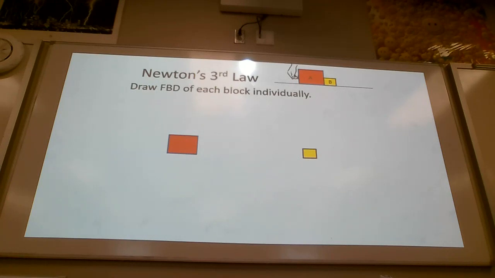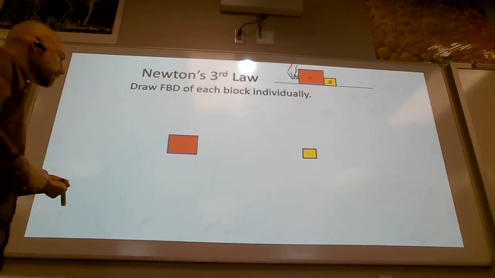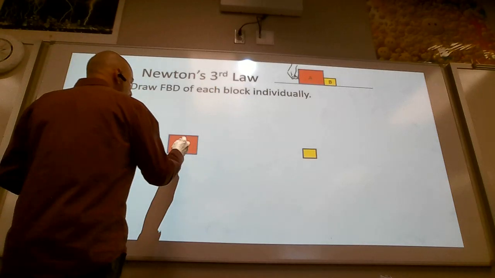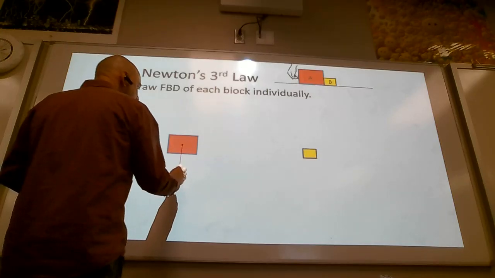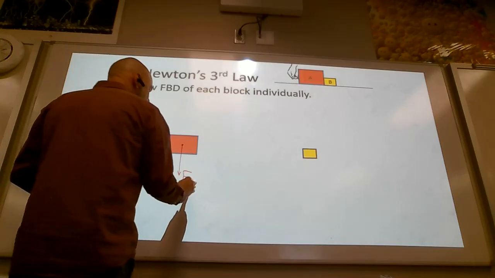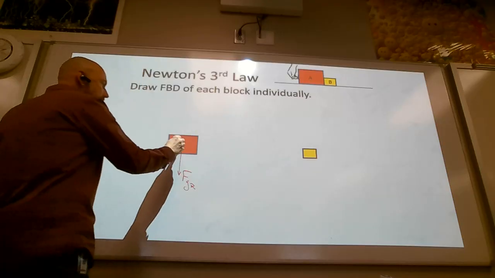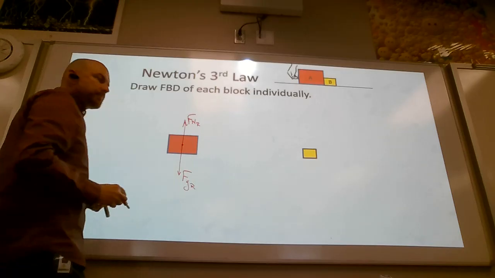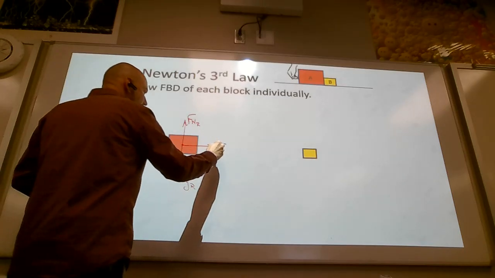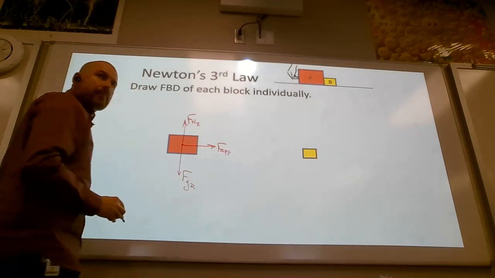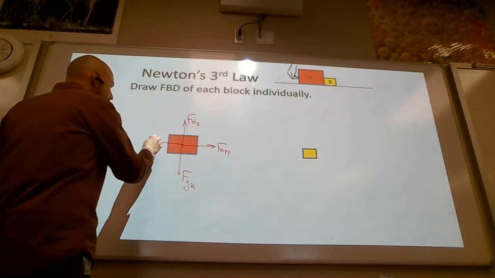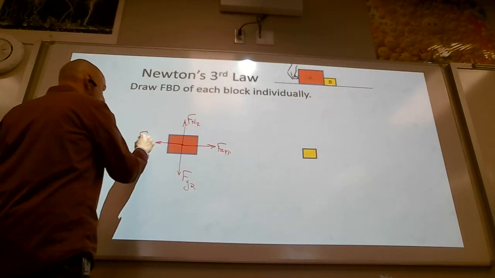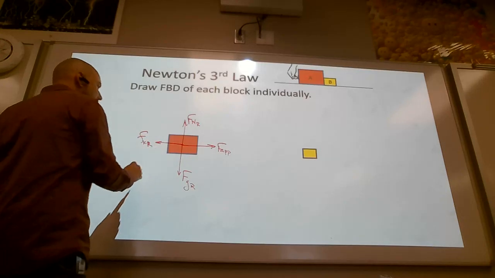All right, here's a more in-depth explanation than just saying Newton's third law. So the free body diagram of the red block: you have a force of gravity on the red, a normal force on the red, an applied force, and friction.